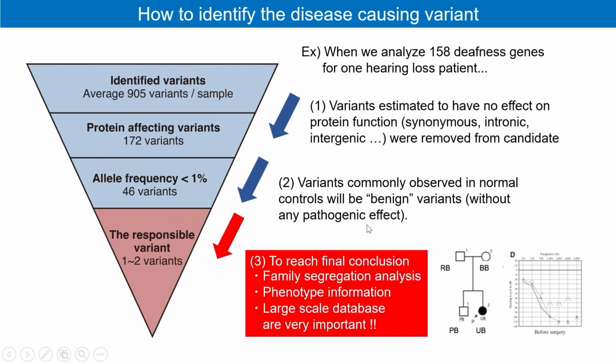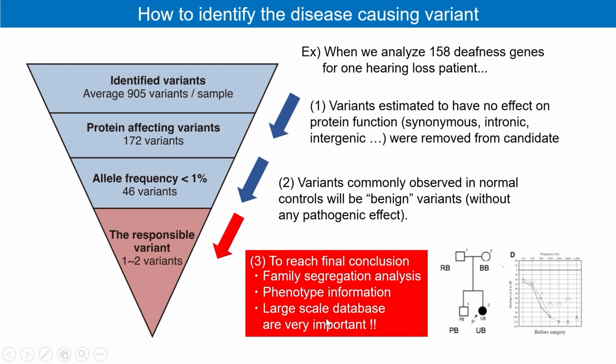effects. And to reach a final conclusion, we also use family segregation analysis, the family history of the affected patient, and phenotype information. Type of hearing loss or severity of hearing loss is very, very important to reach a final conclusion. And we also use a large-scale database.